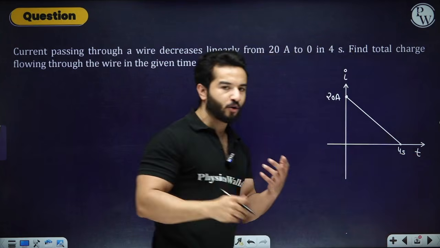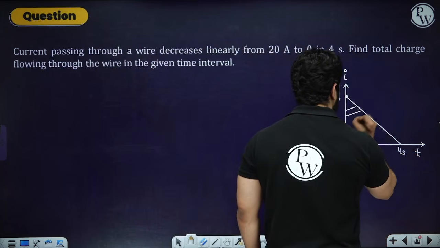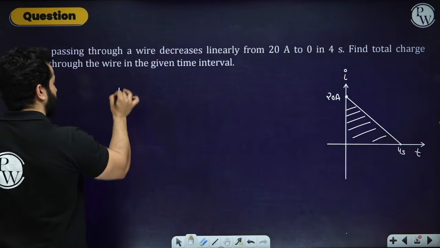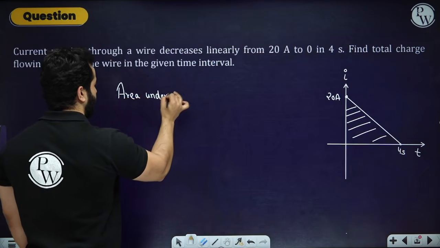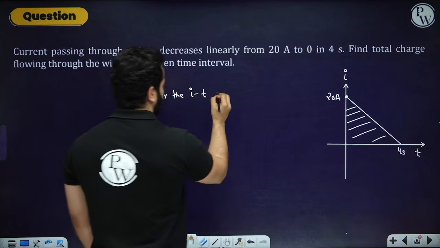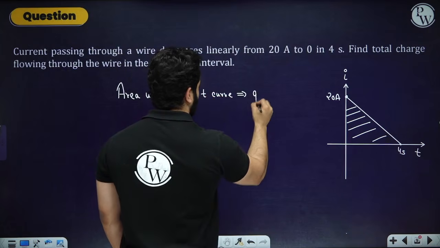The reason for drawing this diagram was that if you find out the area under the I-t curve, the area under the I-t curve will give you the charge, isn't it? And why not?